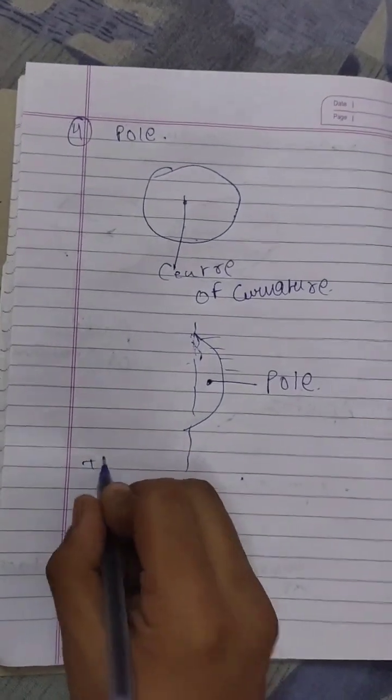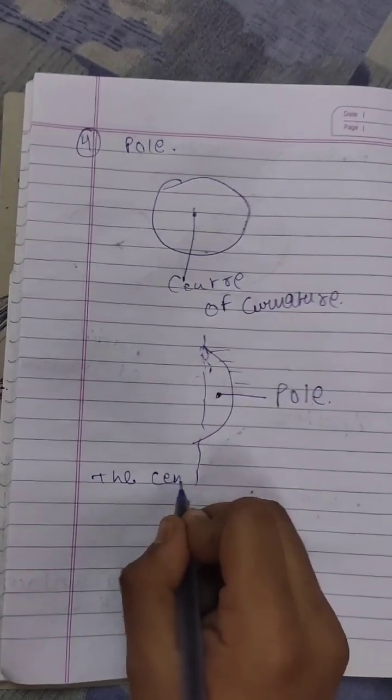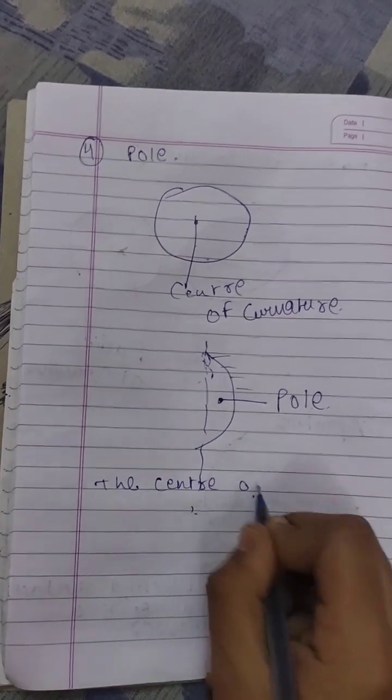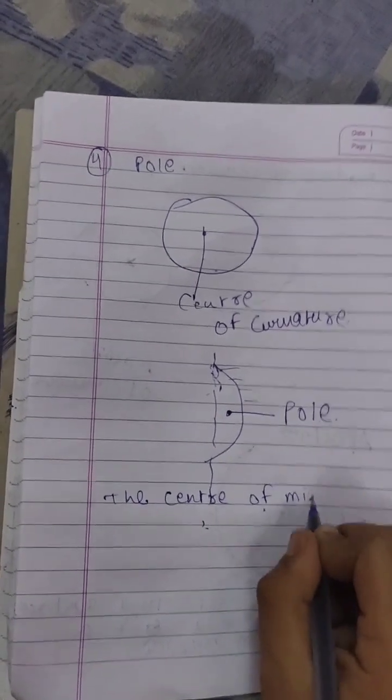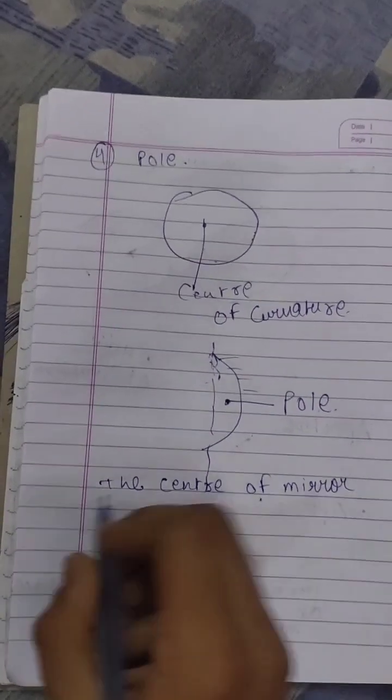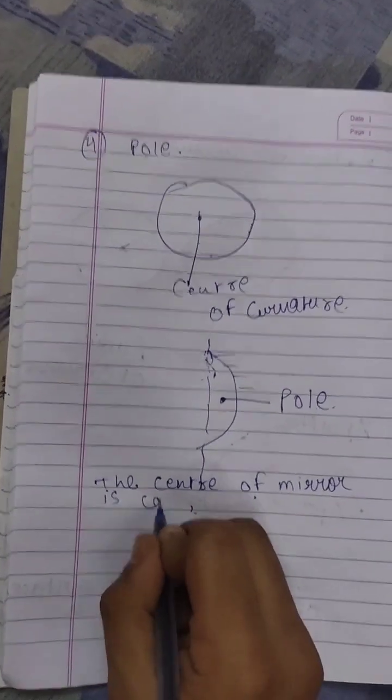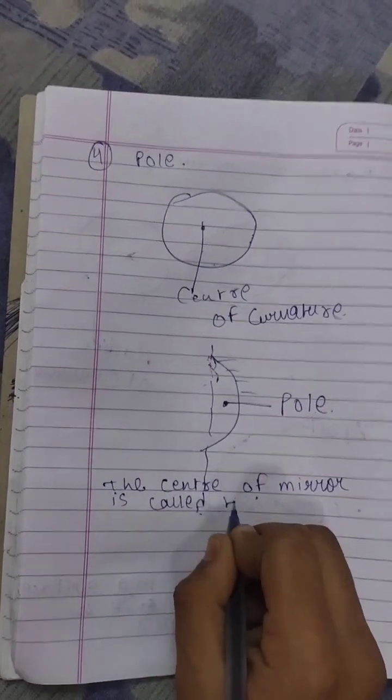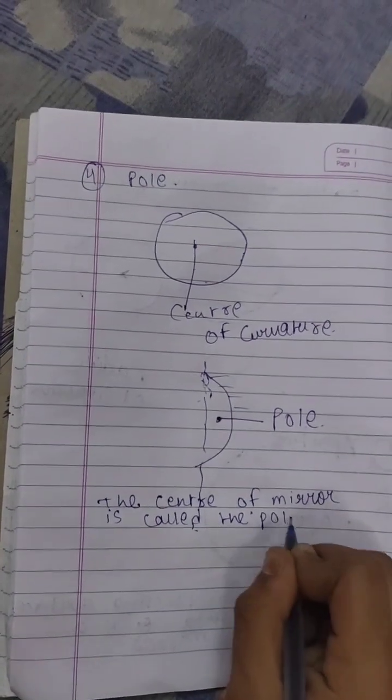The center of a mirror is called the pole.